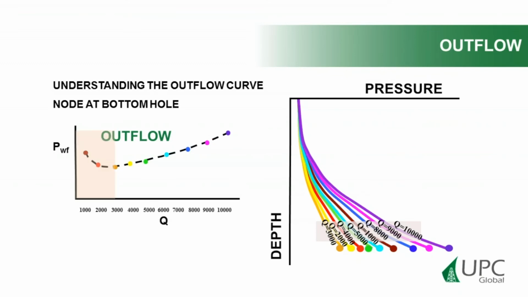Pay attention that the outflow curve has an initial part, multi-phase flow, where the pressure is higher for lower rates and then decreases until reaching a minimum and then increases again. The first area is called the liquid loading or gravity domain area, and the second area is called the friction zone, where you can see the pressure increase with the rate as expected.